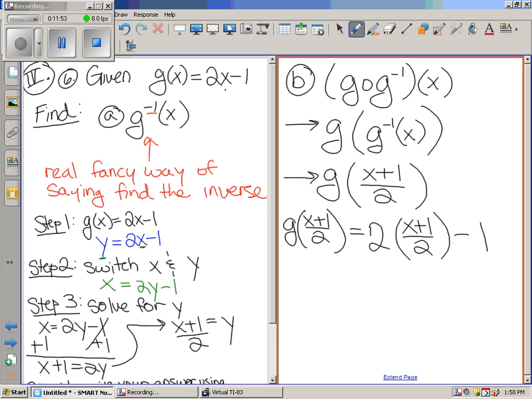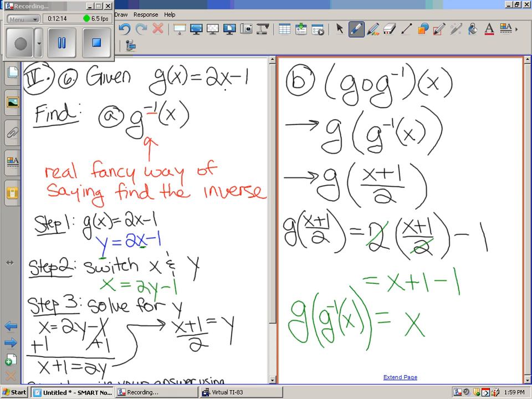And then we're going to simplify. This 2 and this 2 cancel off. Then you're just left with x plus 1 minus 1, which is just straight up x. So g at g inverse of x is just x.